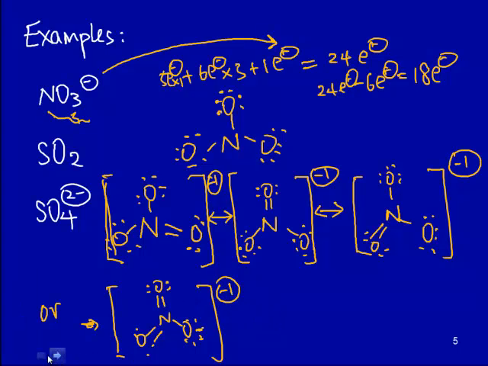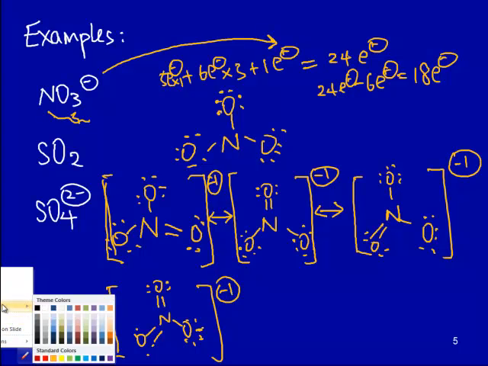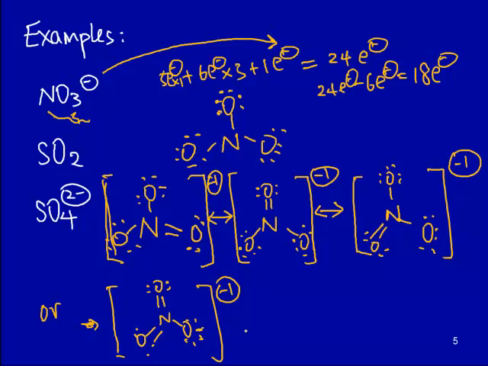You can have 2 double bonds like that. However, remember, now you start counting on the central nitrogen atom.